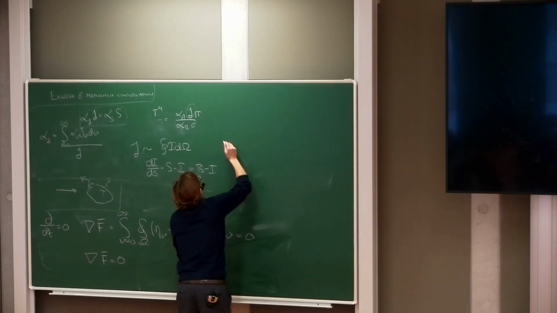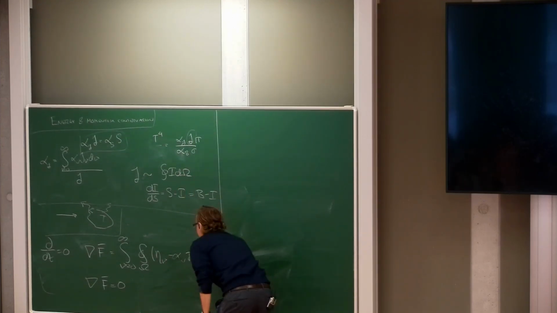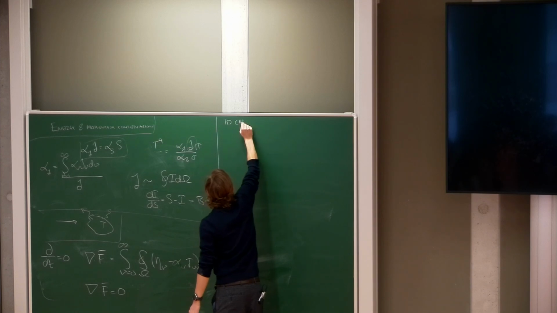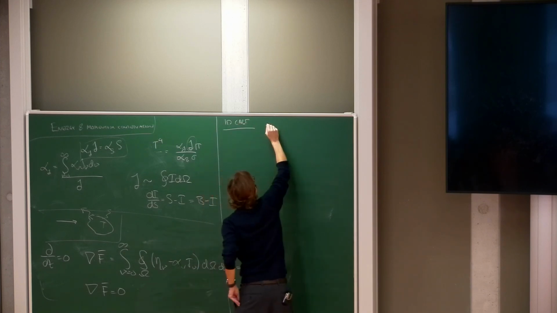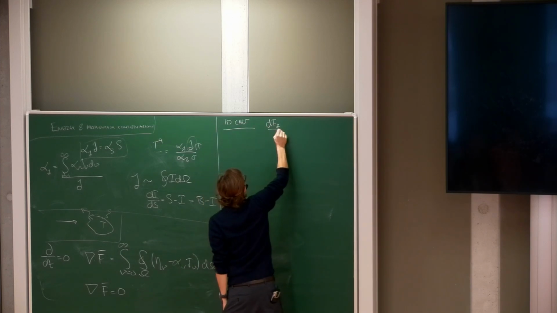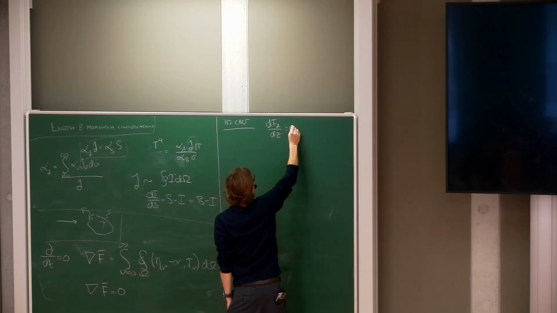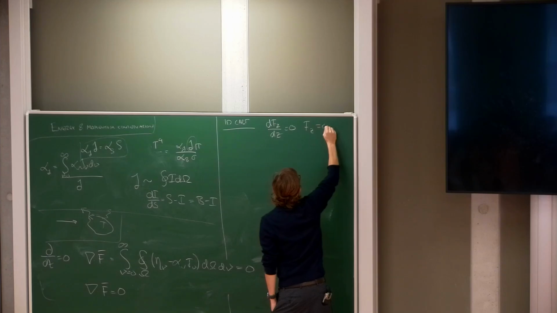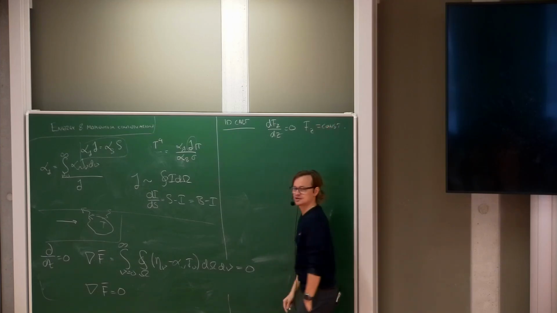Well, if you first have your 1D Cartesian system, where our variation as usual we take to be along the z-axis, it means that the flux is constant.